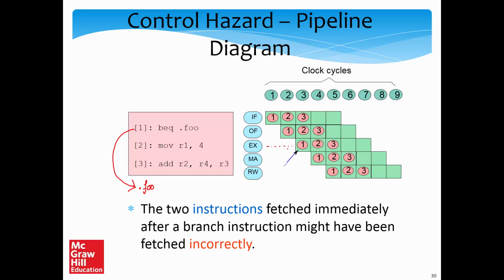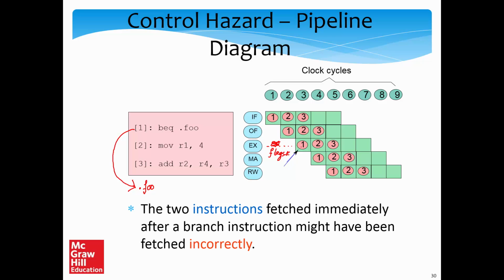In the EX stage, the branch unit takes a look at the flags. In particular, it's a BEQ instruction, so it takes a look at the equality flag, flags.e. If flags.e is 1, then the branch is deemed to be taken.